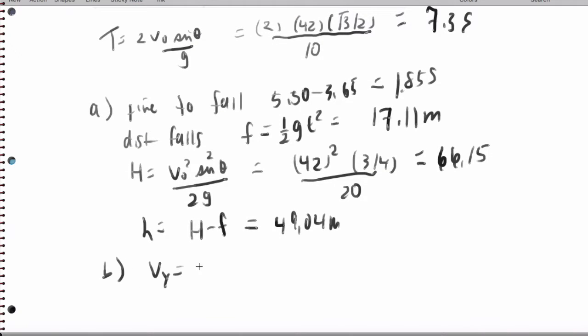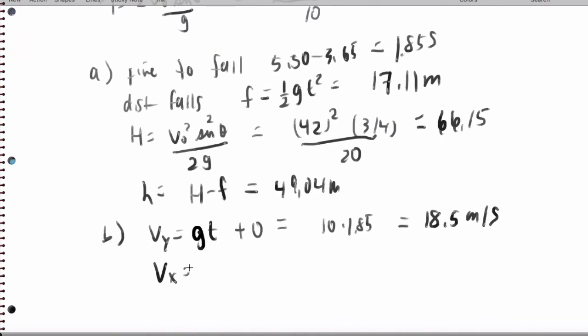For part B, the speed of the bone just before impact at A, we can do Vy as g t plus 0, and we're going to use that falling time. So it's going to be 10 times 1.85, so it's going to be 18.5 meters per second. In the horizontal direction, its speed is 42 times the cosine of 60, which is going to be 21 meters per second.